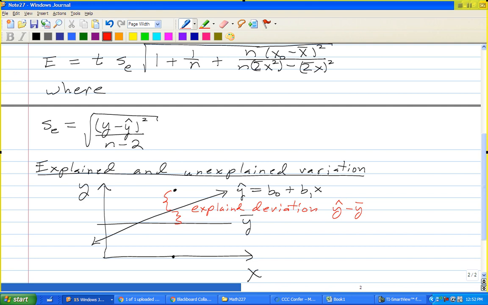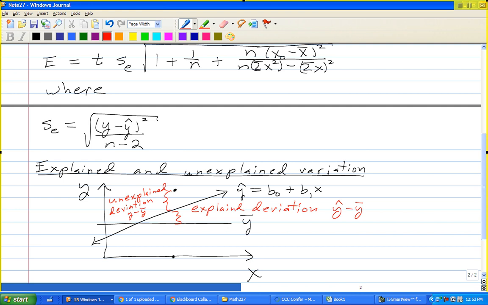This here is the unexplained deviation, y minus the predicted y.